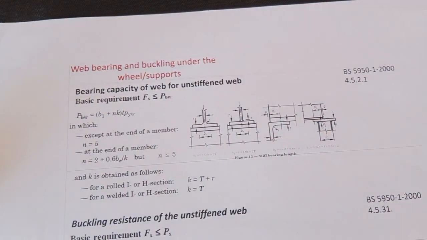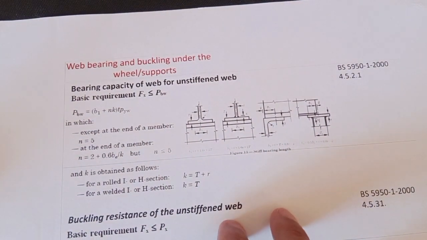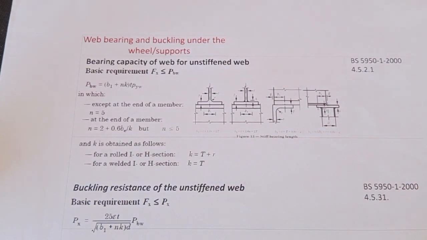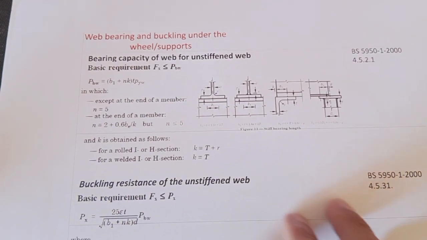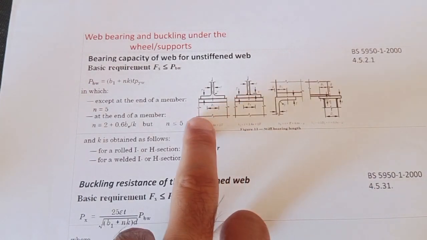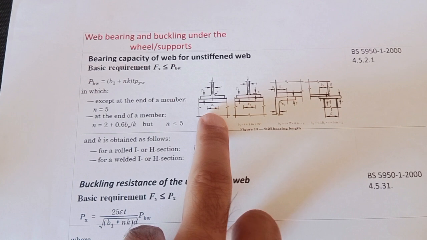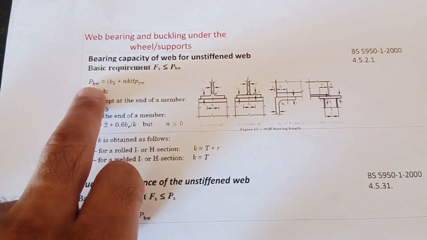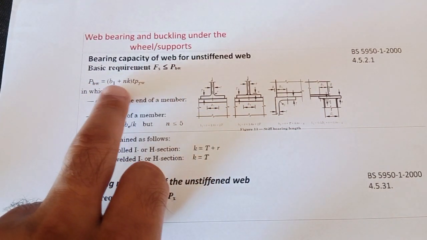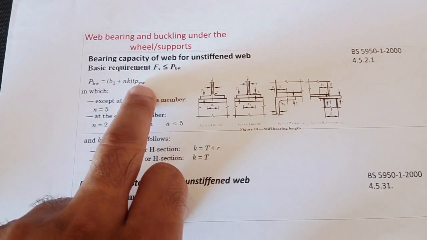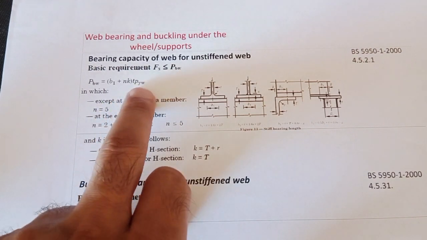Another check is web bearing and buckling under the wheel support. We have sometimes big loads under the web, under the wheels, and it may cause buckling and bearing problems to the web. So we're going to check. First, we need to check the bearing area of the web. It is calculated from this equation: B1 = (N + K) t PY web, where PY is just the yield strength.